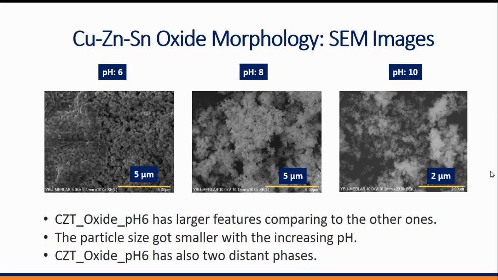We are looking at all the pH values, and one thing that catches our eyes is the two different regions for pH 6, and also another thing is the particle size got smaller with the increase in pH. So turning back to this pH 6, we need to apply something different to understand what's going on in the pH 6.